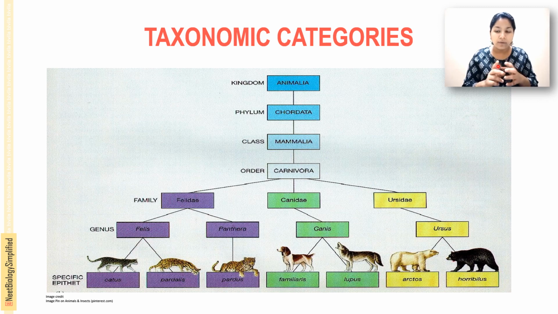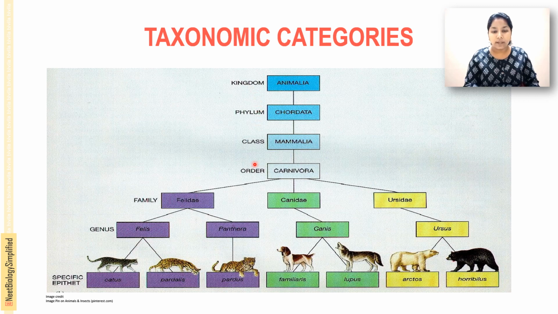It is a framework in which taxonomic groups called taxa are arranged in a definite order, from higher to lower categories, and is also known as Linnaean hierarchy as it was proposed by Carolus Linnaeus. And the seven categories we also learned are species, genus, family, order, class, phylum and kingdom.